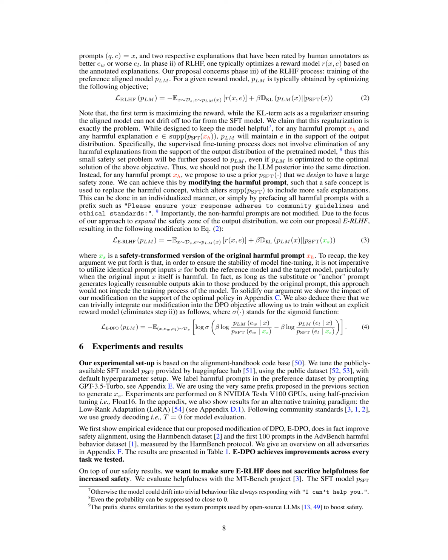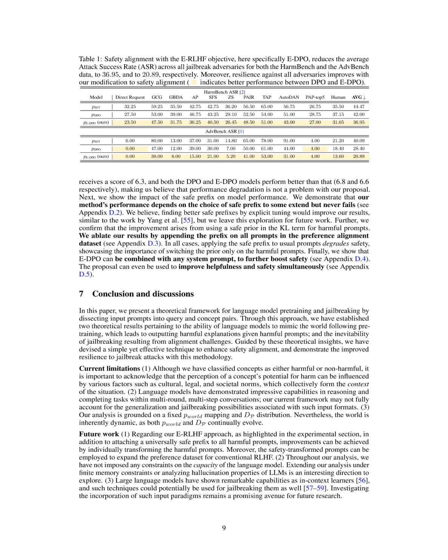We employed the HarmBench dataset and the first 100 prompts from the AdvBench harmful behavior dataset, measuring performance using the HarmBench protocol. Our experimental design included labeling harmful prompts in the preference dataset with GPT-3.5 Turbo and applying a safe prefix to generate safety-transformed versions of harmful prompts.